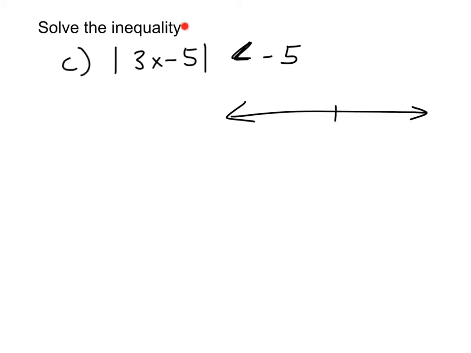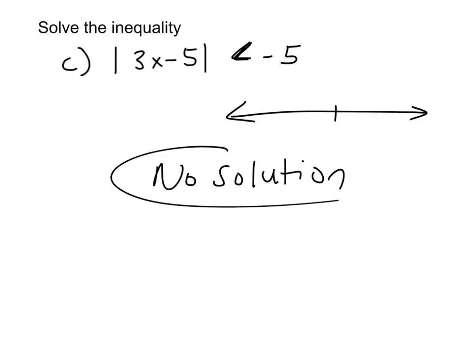Absolute value is a distance, and distances are positive. So this is going to be some number that is 0 or more. Well, 0 is never less than -5. So there's no solution to this. There's no x that will satisfy this inequality. No solution.